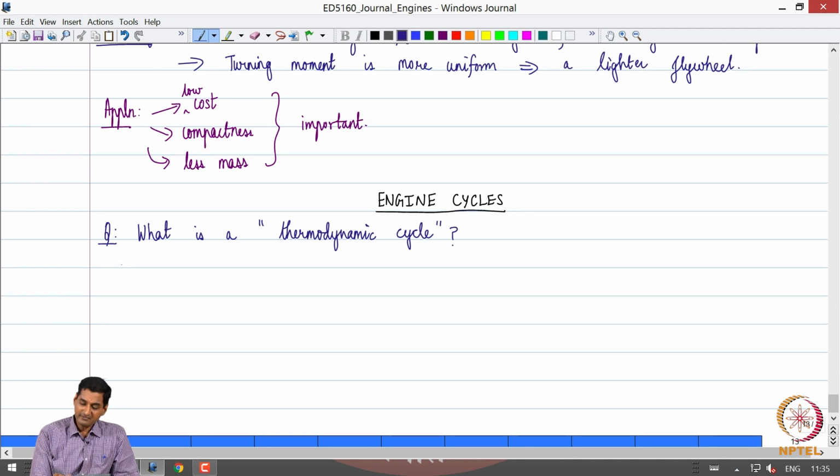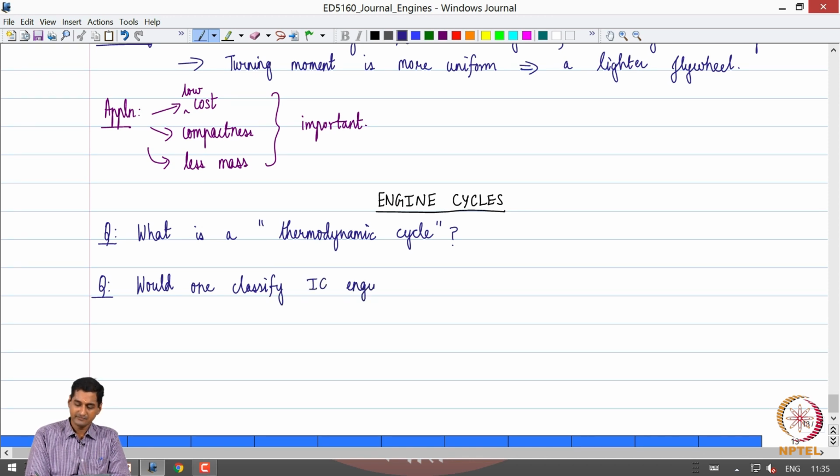So, we are going to look at what cycles can be used for analyzing an internal combustion engine. And before we go and look at different cycles, we also ask the question: would one classify an IC engine as an open system or a closed system?